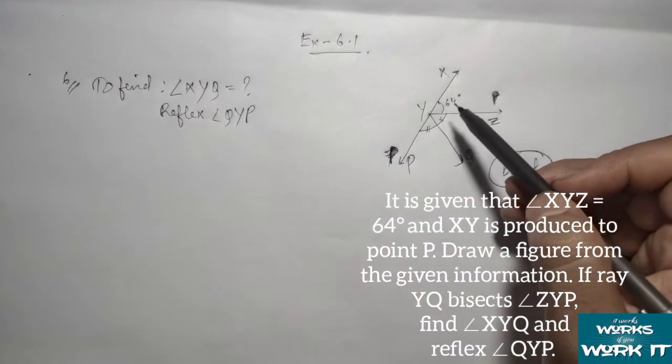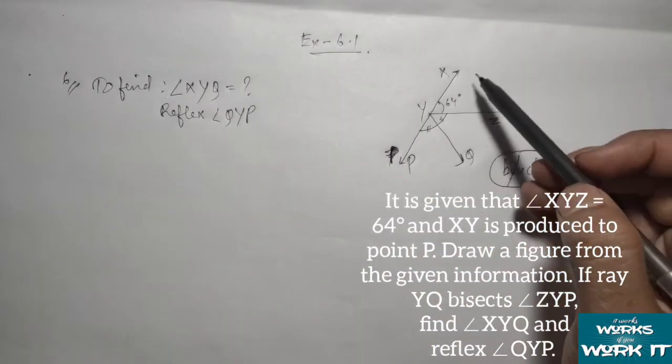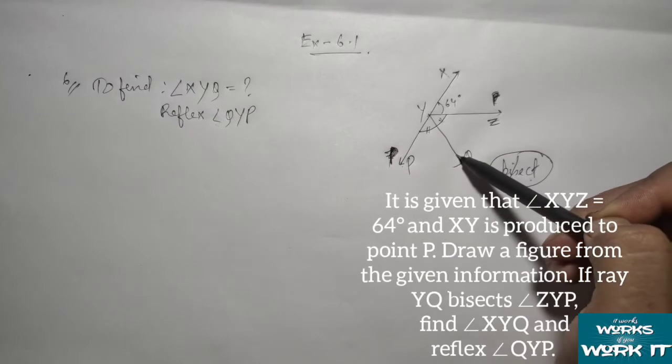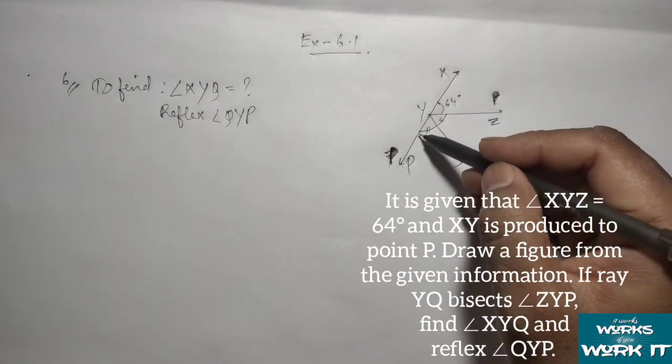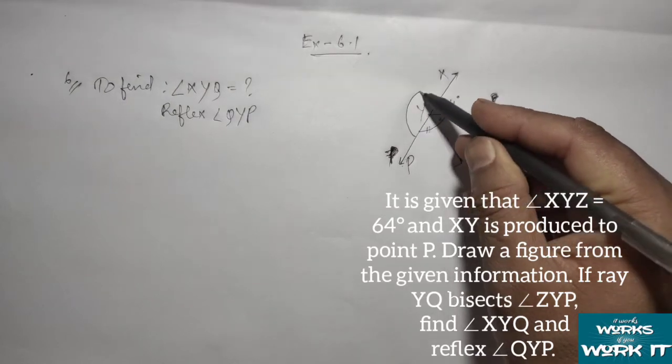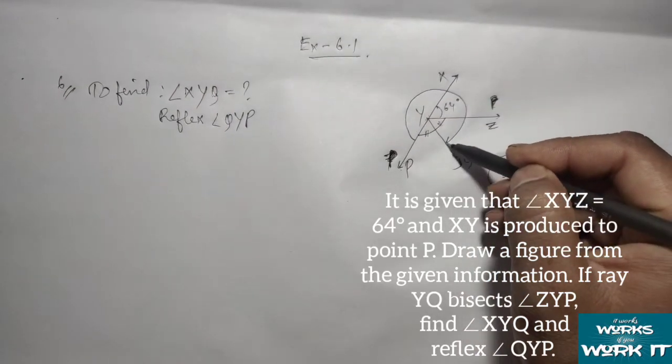Reflex angle QYP means, if you see the diagram here, where is angle QYP? This is QYP. So the back part of this angle QYP will be our reflex angle QYP.